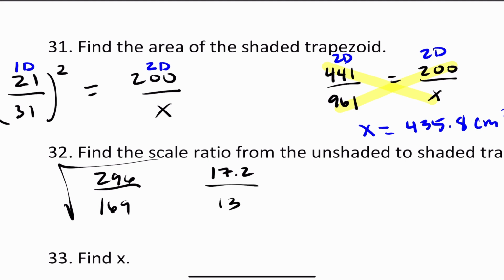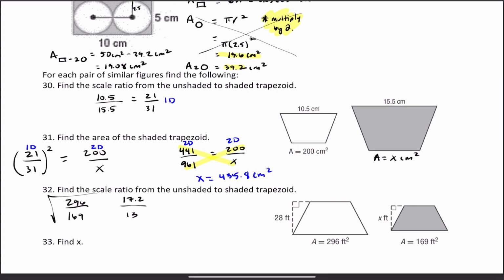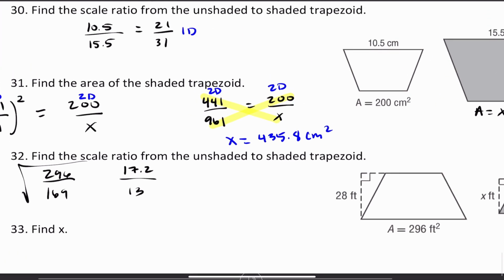All right. That was kind of weird, and I can see that the key has 32 incomplete and 33 blank. So I'm just working with whatever the calculator has told me, and whatever the problem has given me. So the scale ratio is 17.2 divided by 13.